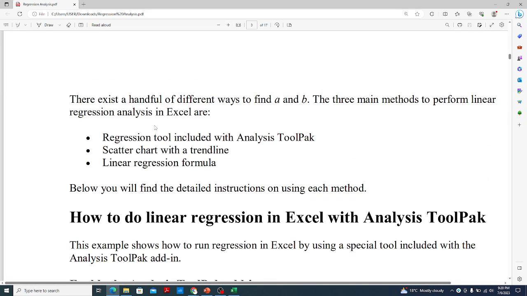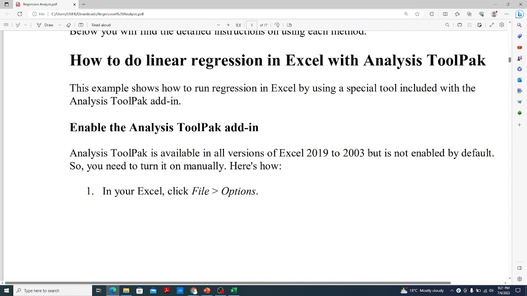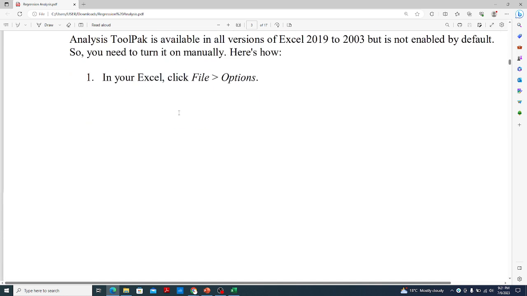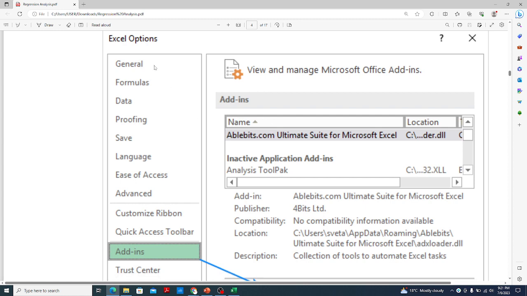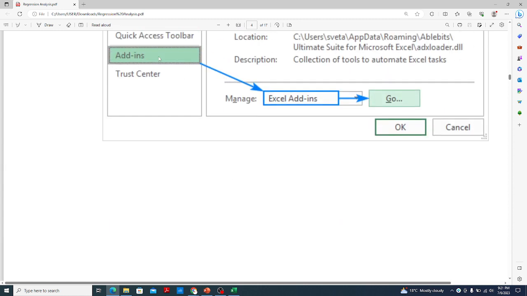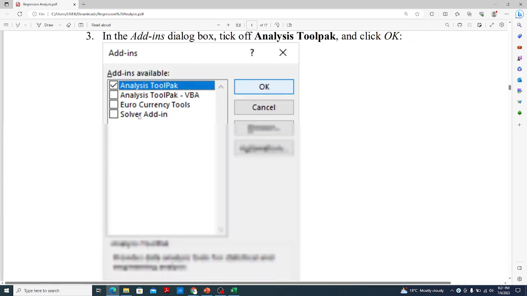Okay, so we said that there exist different ways to find this. So we did. Now we are here. That is how to do a linear regression in Excel using the analysis tool pack. We have taken you through all these steps, including how to add in the analysis tool pack.